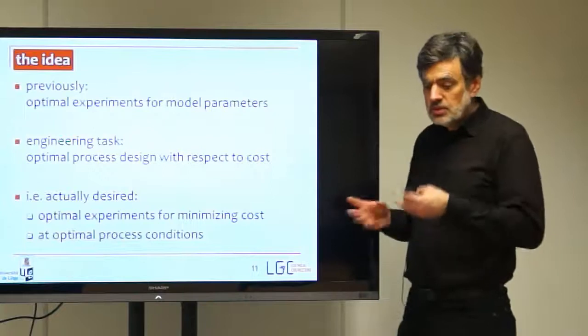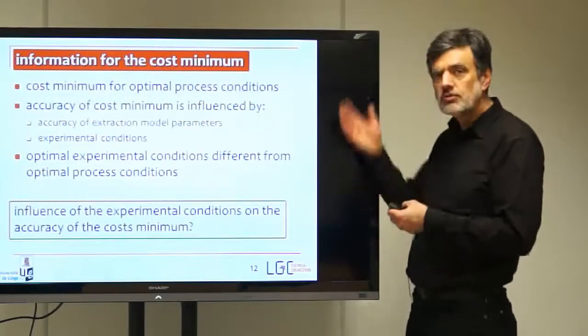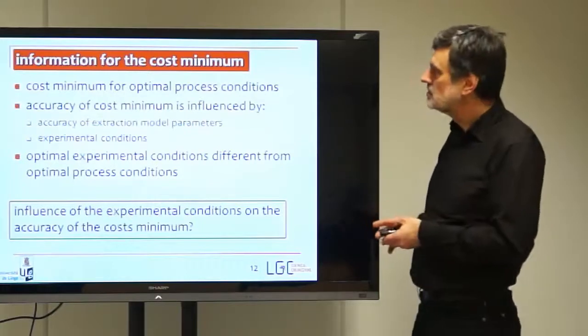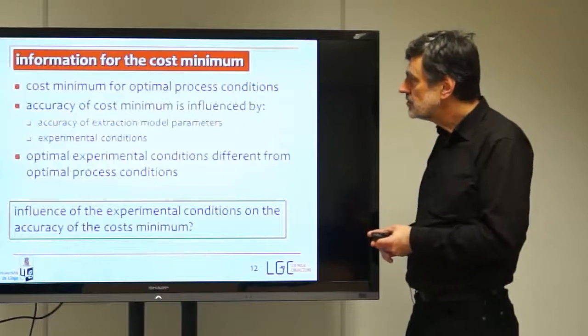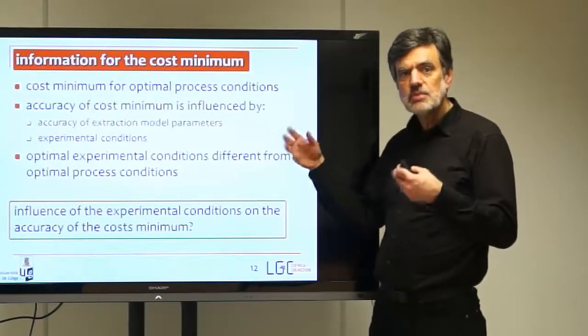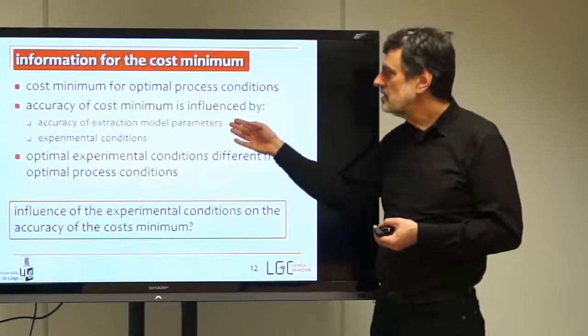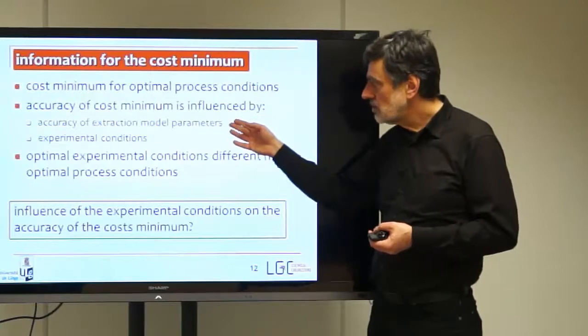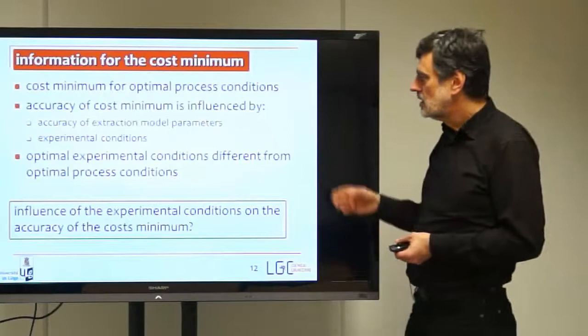Now, in order to be able to do that, you have to do some math again. How does it work? First, a little bit of text, and then we have some equations. So you want the cost minimum for the optimal process conditions. And in order to describe that, you also have to say something about the accuracy of the costs. That is influenced by, of course, the accuracy of the extraction model parameters, again, and the experimental conditions.